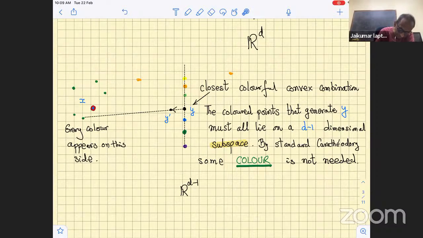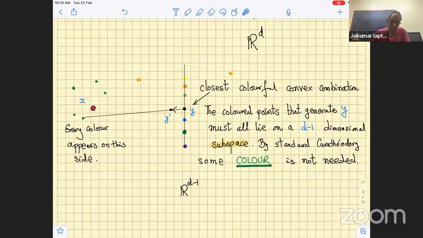That means there must be at least one dark green point on this side. So now we have generated this y as a convex combination of points other than this dark green. And there is a dark green on the left. So you take this y and add a little bit of this dark green point so that this y starts moving in, which is again a contradiction for the same reason.